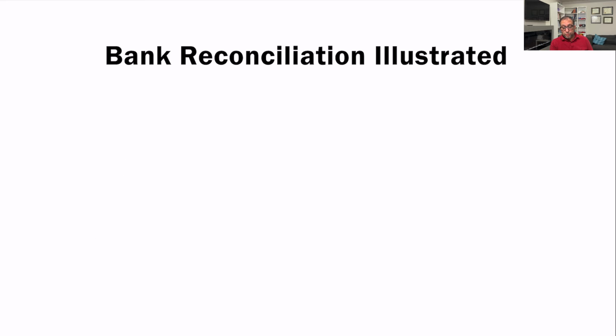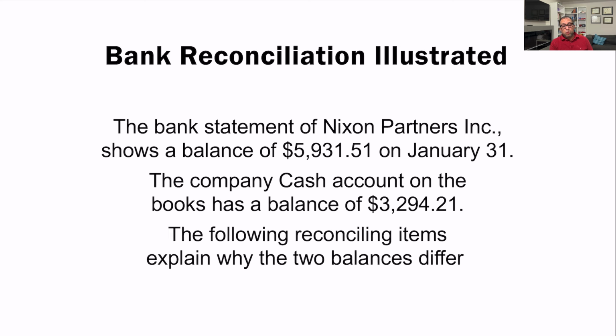So let's start with an example so that we can understand this bank reconciliation in a better way. You see here, this is the balance according to the bank statement. In other words, it is the balance according to the books of the bank. This is the balance according to the cash account in the books of the business, the one who has an account with the bank.